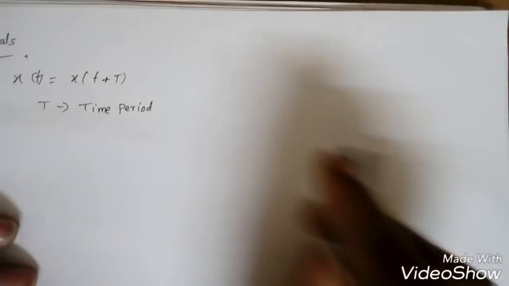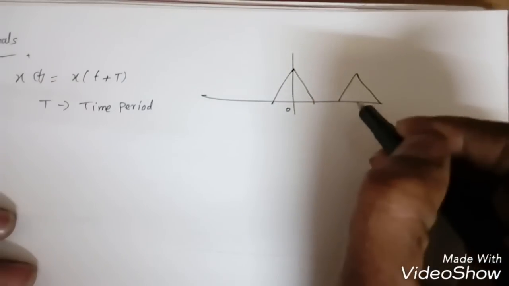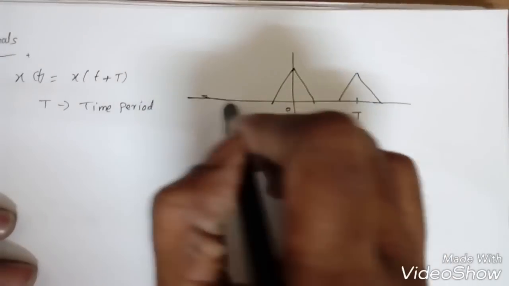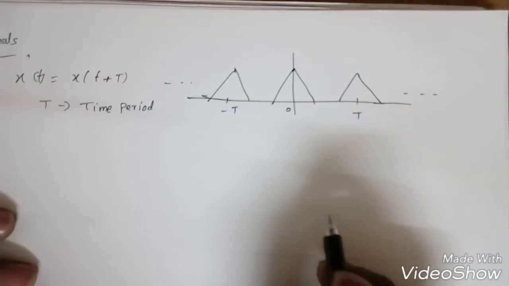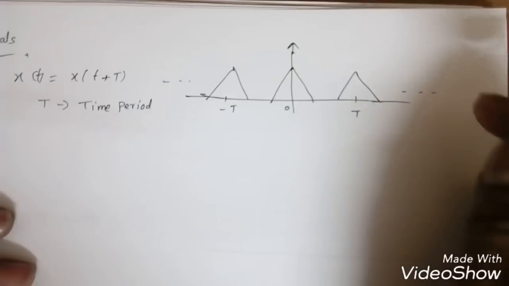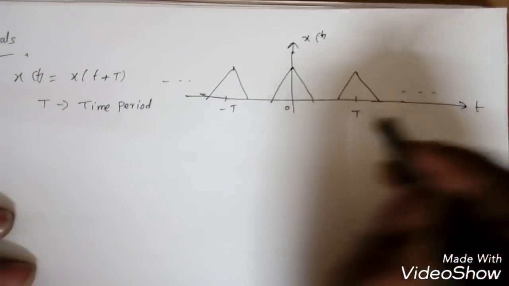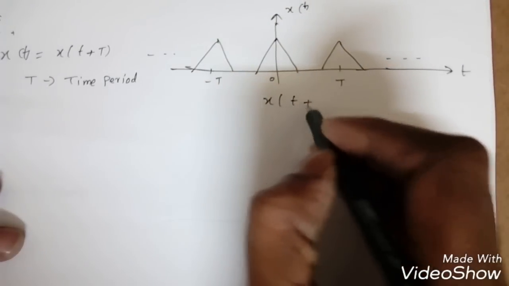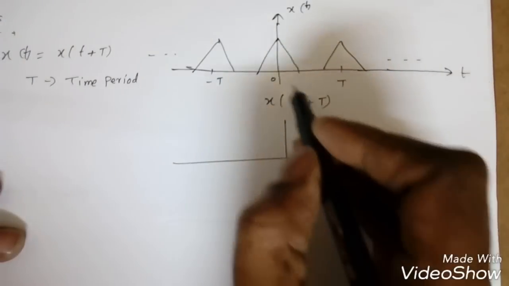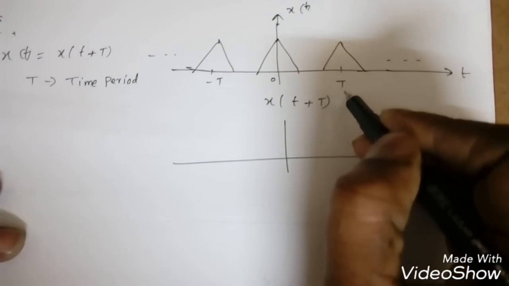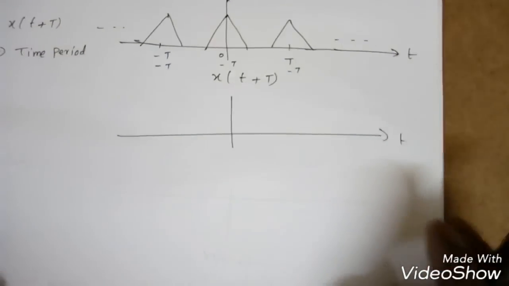So we take a signal like this, suppose this is 0 and this is T, here minus T, etc. It should go up to infinity, it should not be fixed to some points only. So this is suppose x of t, this is T, right? If I right shift or left shift, this is a left shift we are doing by T. Wherever T is there, we have to add minus T, so 0, minus T, minus T. So what will we get?